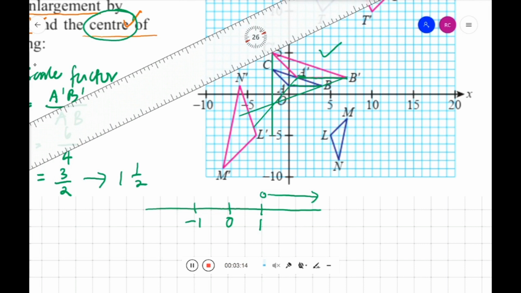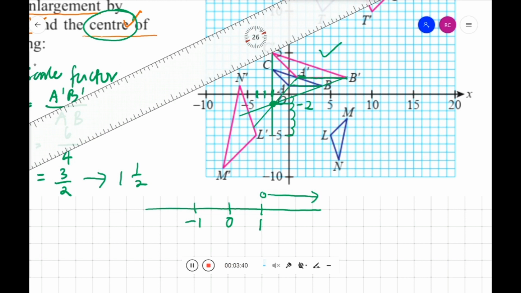Okay, so when I join up everything, it actually falls on this point. Okay, can you find out what is the coordinate for this point? If this is -5, so we have 1, 2, 3, 4, 5, meaning that this is a -2 over here. And then for the x will also be the same. This is -4, -3, -2.